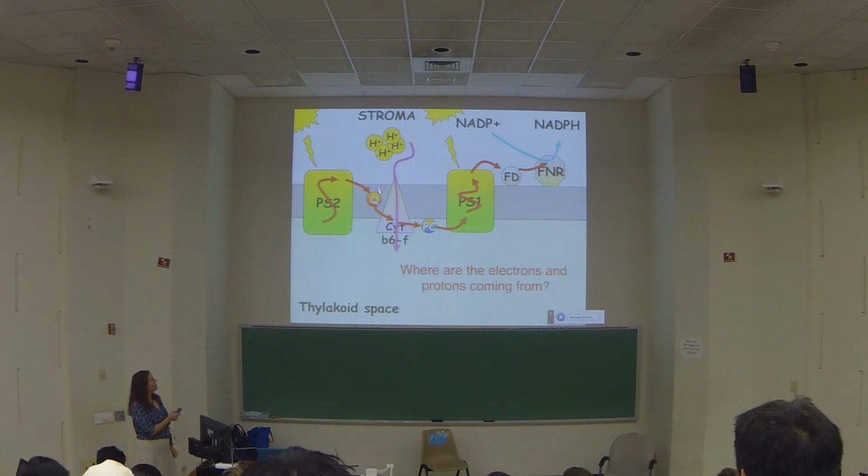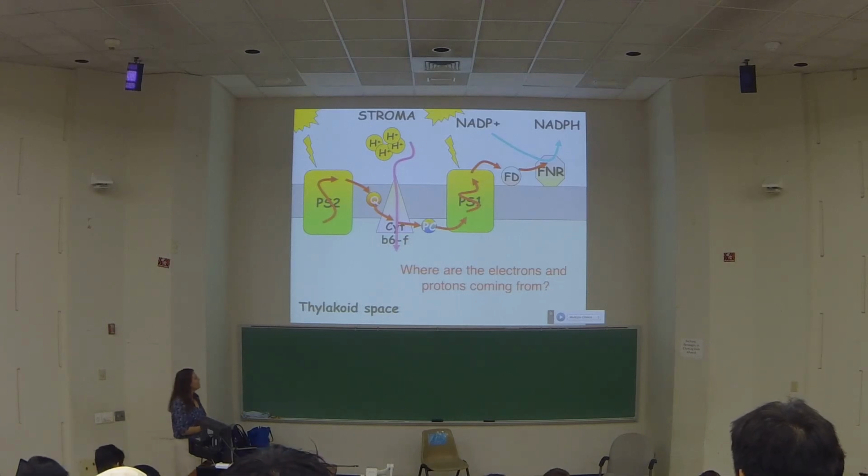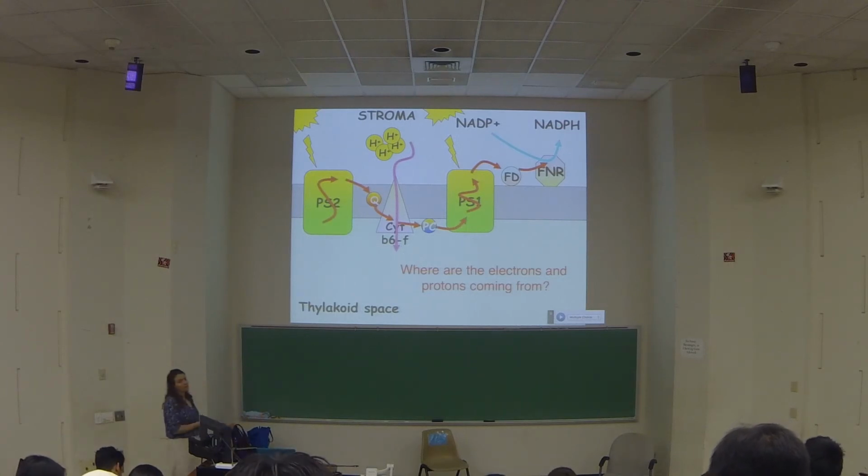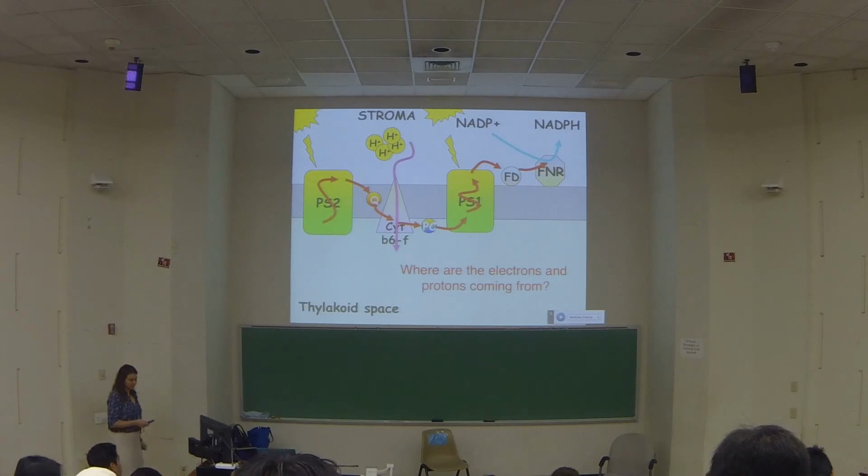It's using those electrons as it passes them, and the energy they have, to move protons from the stroma through to the thylakoid space. In red is the movement of electrons all the way through to NADPH. In pink here, the movement of protons.